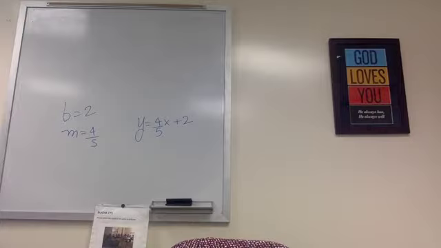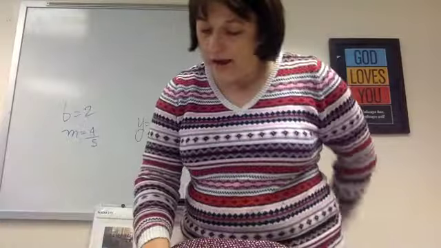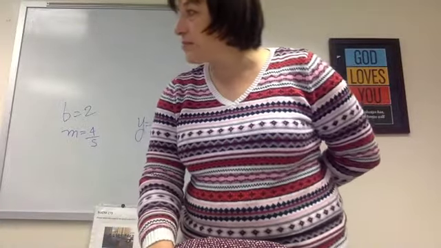So what's your rise here? Your run is 3, right? So what's your rise over run? 3 over 2. No, rise is the vertical. 2 over 3. Yes. So for number 3, you should have y equals 2/3 x plus 2.